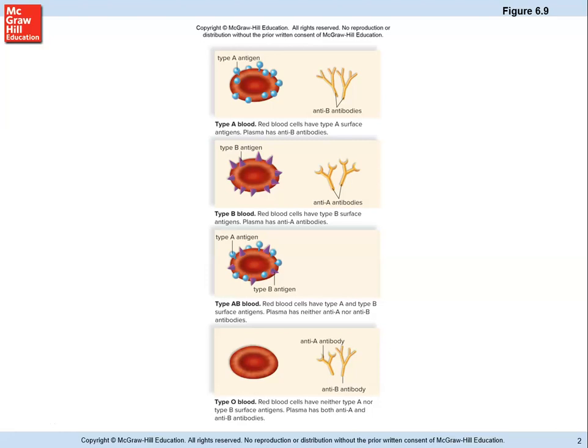Because it has no antibodies in its plasma at all, it can receive any blood type with minimal clumping involved in the process. Now, obviously, it's better if you get type AB. That's obviously a more compatible mix, but in a pinch, AB can get anything. And again, the clumping that might occur from that would be minimal and something you can survive.